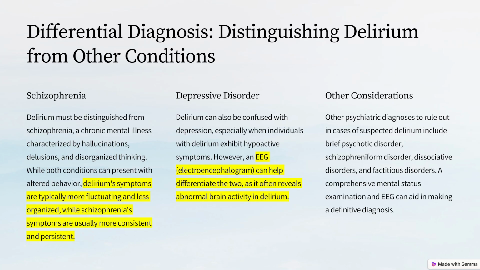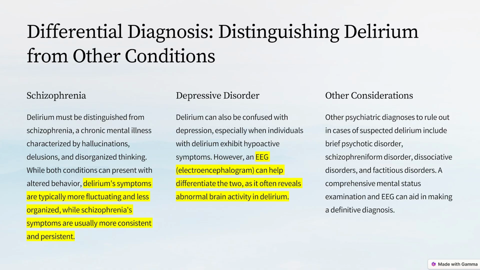Coming to the differential diagnosis, how can we differentiate delirium from other psychological conditions? The first and most important one is schizophrenia. Schizophrenia is another mental disorder which might overlap with the symptoms of delirium. But how can we differentiate?